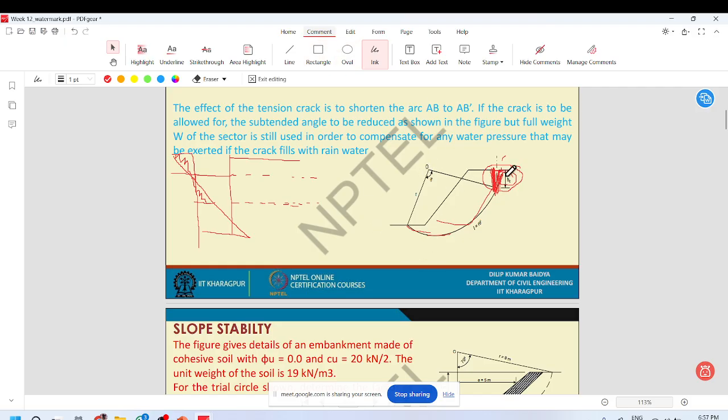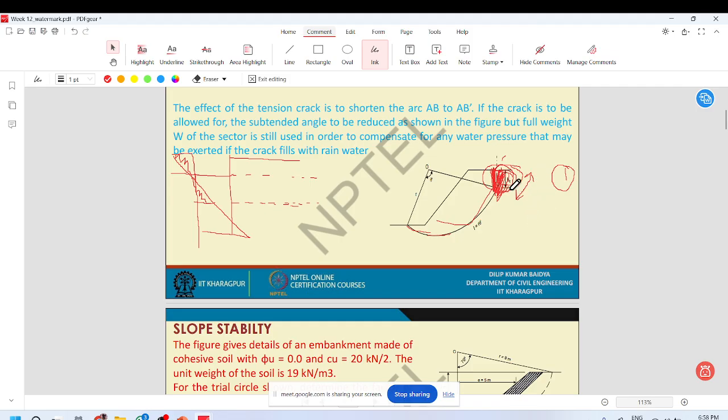So what happens in this is, first of all, how will the factor of safety change? The first thing is that this length will now not participate in the resisting of the slide.